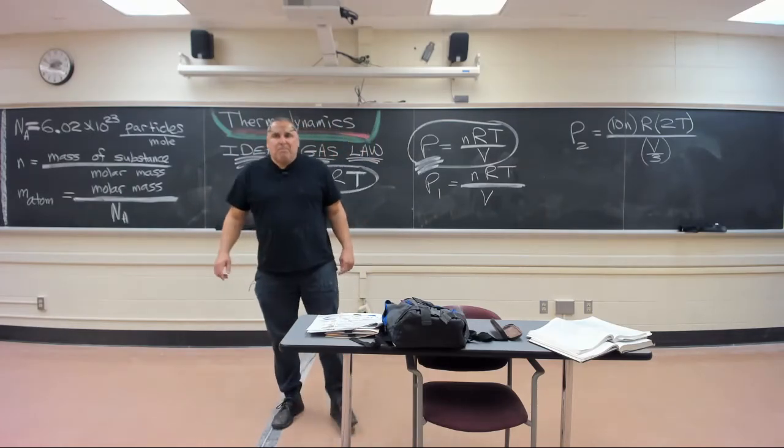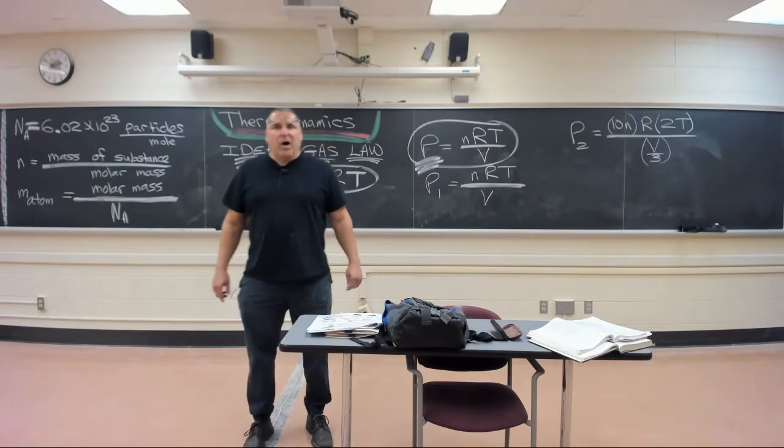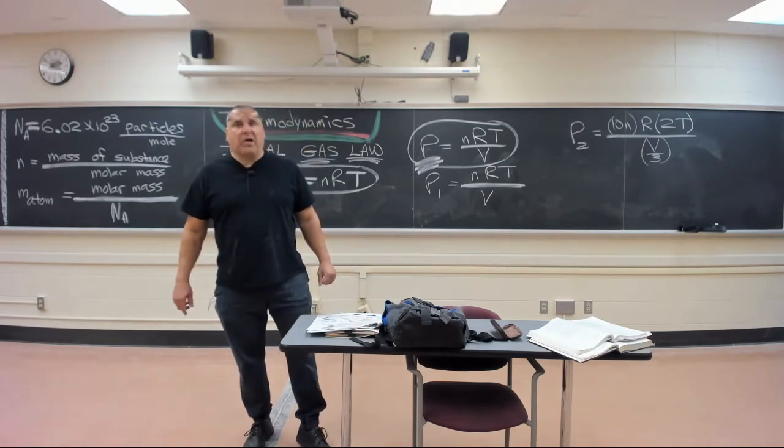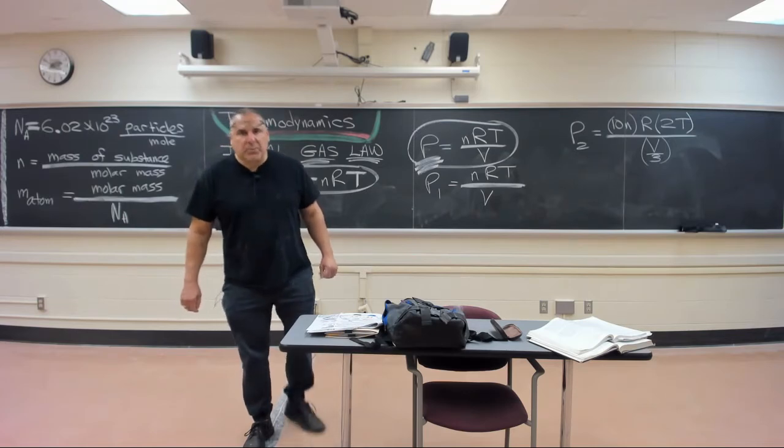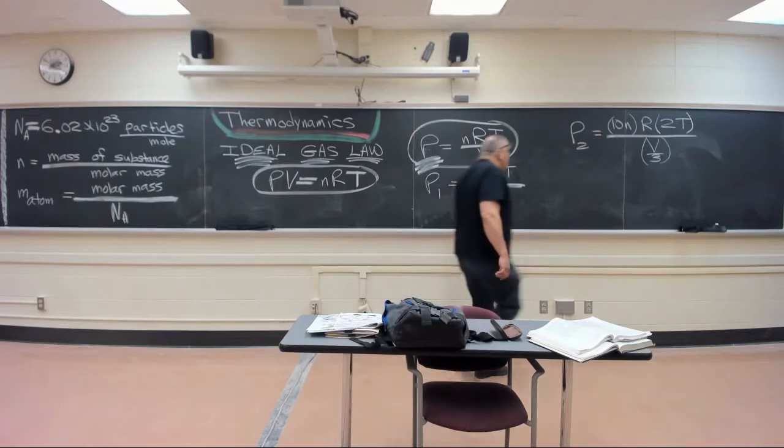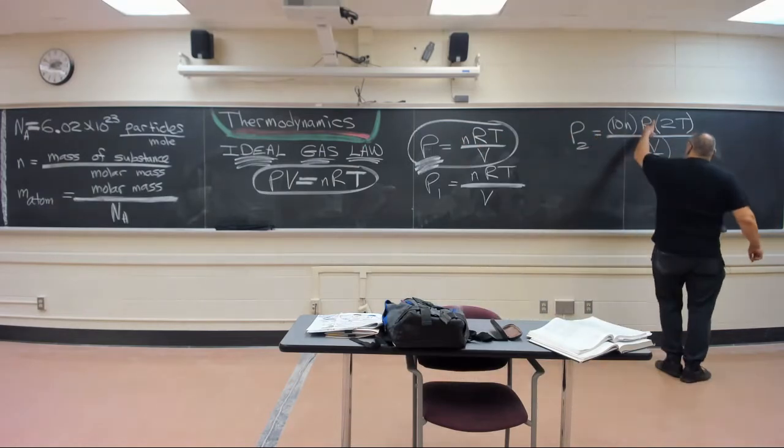But they got 1/3 of the room to move around without a collision. They're going to collide 3 times more often. 3 times more often collision is going to be 3 times the pressure. So this will flip over and make it 3 times the pressure.